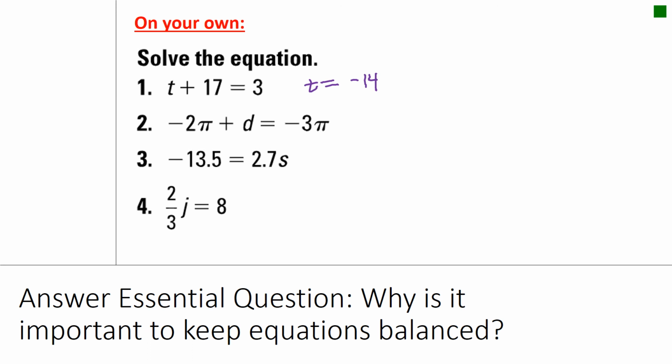For number 2, you should have got d equals, ooh, this one was a harder one, -pi. 3, make sure you undid that multiplication right here with s, and that's dividing, so s equals -5, or you can have -5 equals s, they're the same thing. 4, you should undo this multiplication here with division, and you should have got j equals 12.